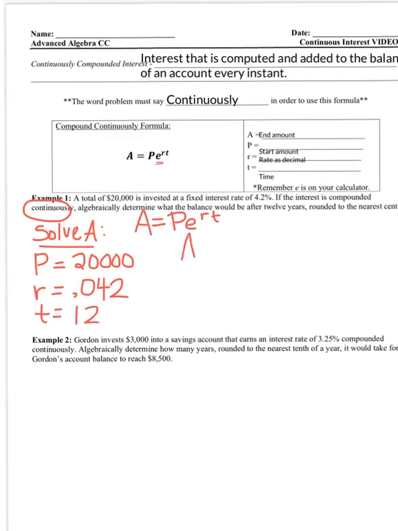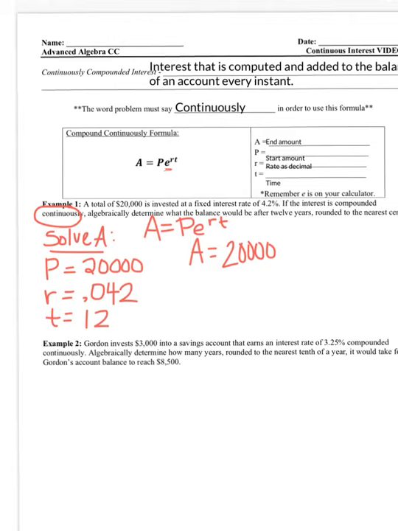So if I plug this into the formula, A equals P is 20,000, E raised to the R, 0.042, times T, times 12. So both R and T are part of your exponent, just like how n and t were for compound interest.